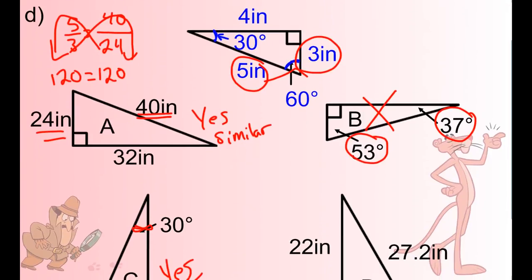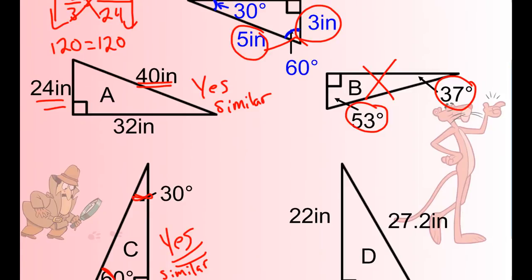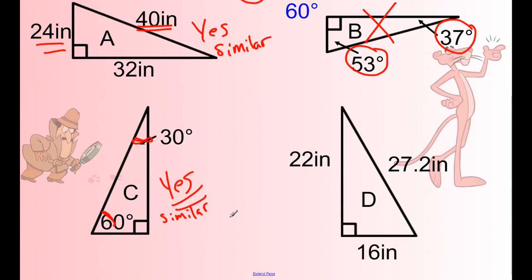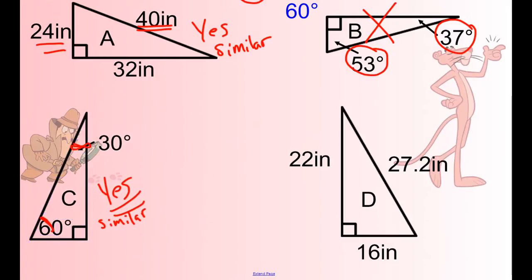All right. Now, letter D. I'm going to do the same thing. I'm going to use the 5 and the 3, the longest side and shortest side. So let's just take all this junk, move them over. All right, so 5/3, the longest side, the hypotenuse, so 27.2. And the shortest side will be this 16.